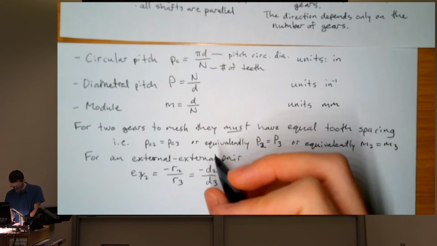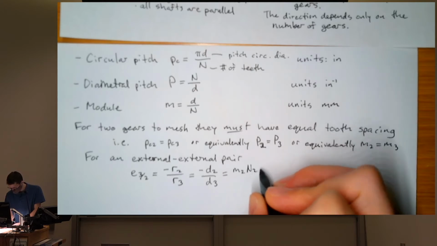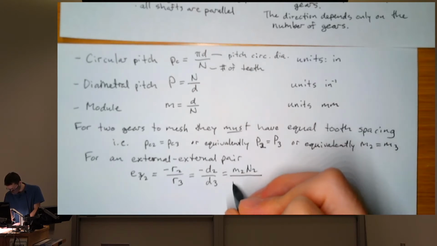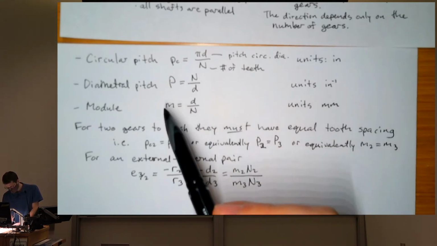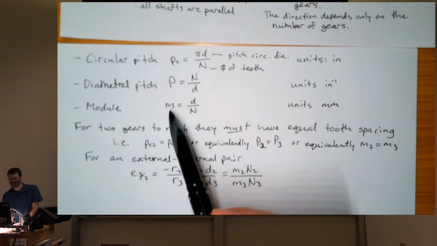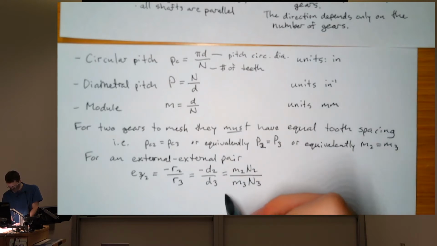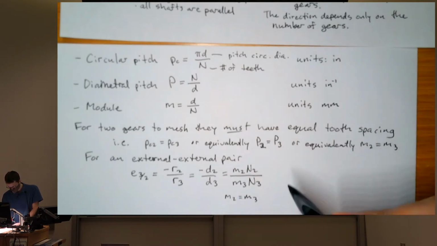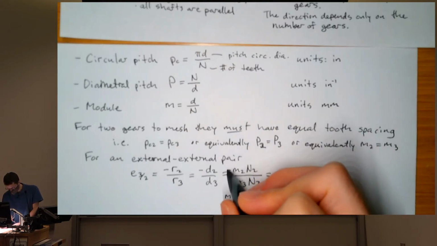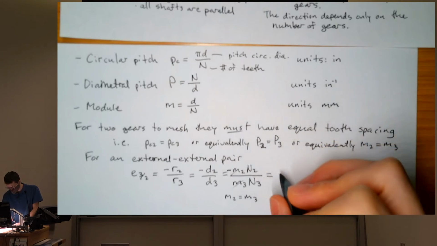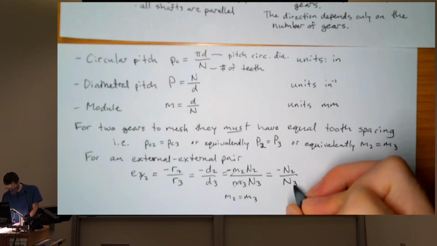And we could write D2 as being, say, M2 times N2, and D3 as M3 times N3. So that's just replacing D with M times N, rearranging this equation for module. We know that if the gears are in mesh, then M2 is equal to M3. So that means that they cancel. And we're left, oh, sorry, there's a negative sign there. We didn't drop that. Well, we did for a moment there, but we caught it. That gives us negative N2 over N3.